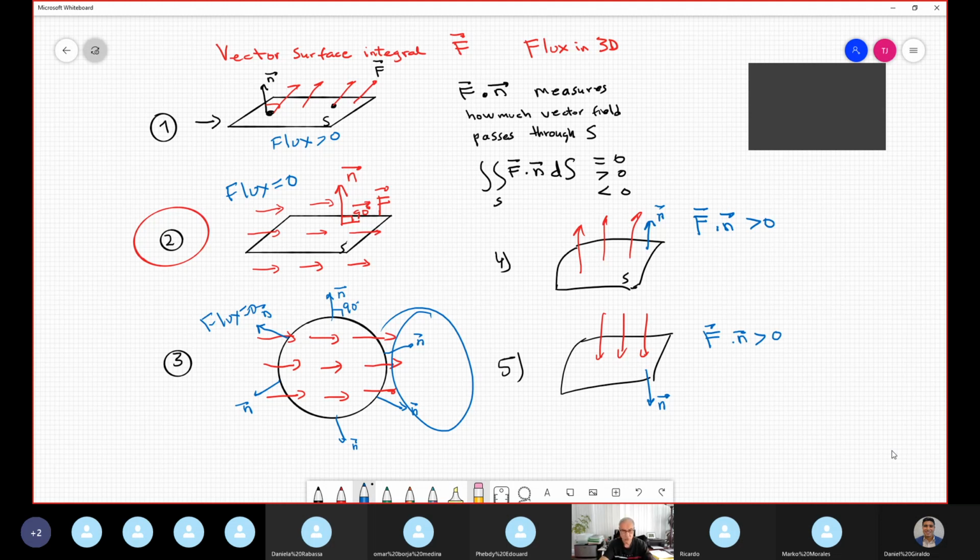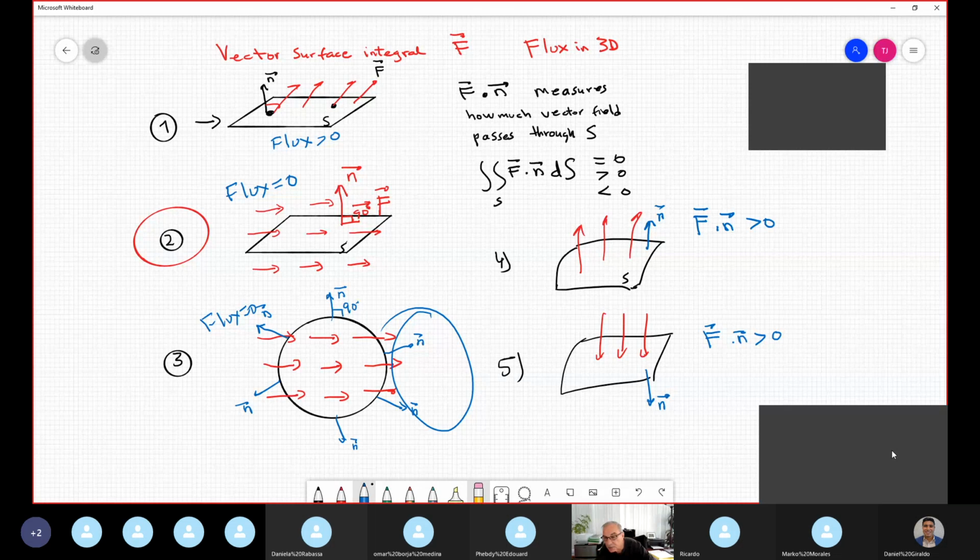Yes or no? Did you forget the dot product? Okay. And the rest of the time we have, okay, I want to disconnect a little bit. So next time we compute the flux, so the vector surface integral.